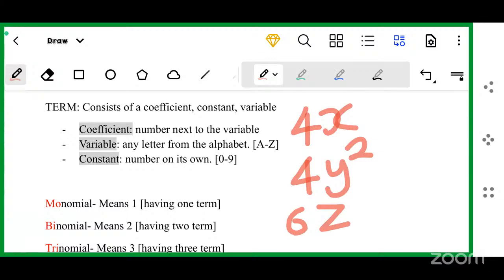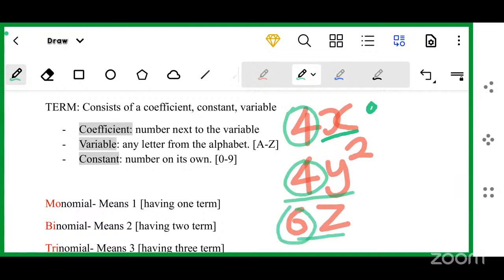If a question says, what is the coefficient of 4x? Any number that is next to a variable, where the variable is x, is 4, right? For the second one, what is your coefficient? It's also 4. And for the last one, what is your coefficient?